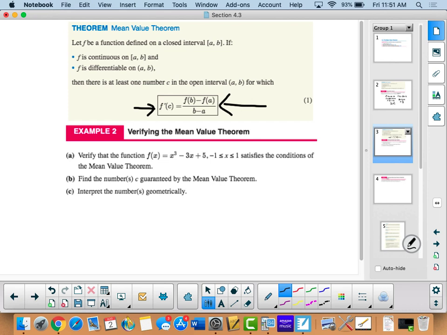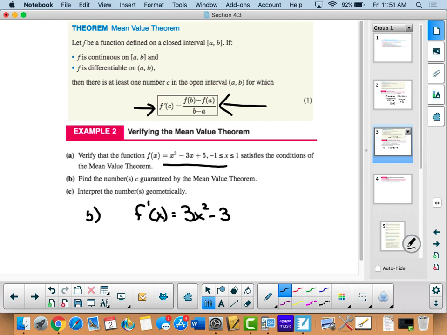So if we look at this function, we know that it satisfies the conditions because it is continuous on that closed interval of -1 to 1, and it's also differentiable on that open interval of -1 to 1. So we know we can use the mean value theorem. So we find for part B the derivative, which is 3x squared minus 3.